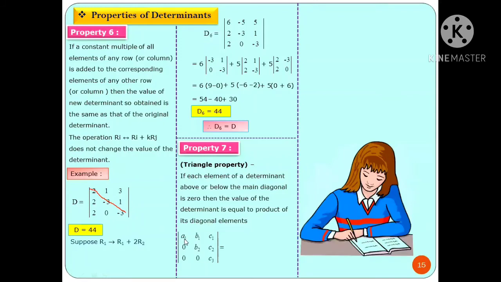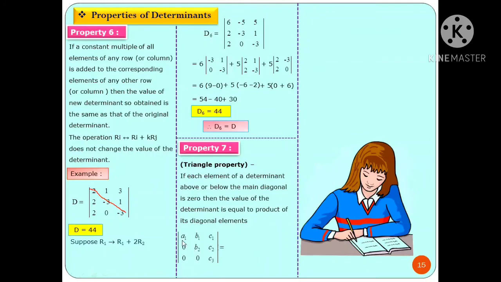Determinant elements A1, B1, C1. A2 given as 0, B2, C2, A3, B3 given as 0, next C3 as it is. Simply, the elements below this diagonal are all 0.